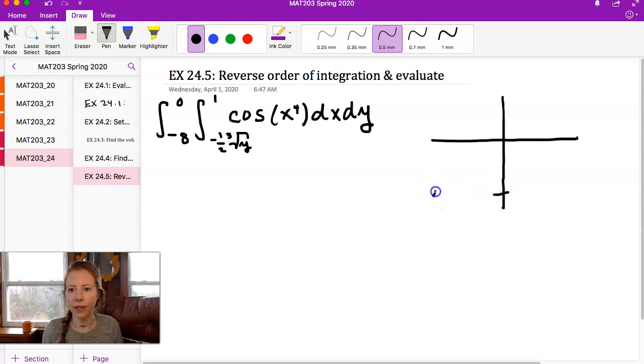So this would be Y is -8, and up here, we'll just do Y is 0. Just marking off our bounds here. And then for X, we're going all the way up to X equals 1.